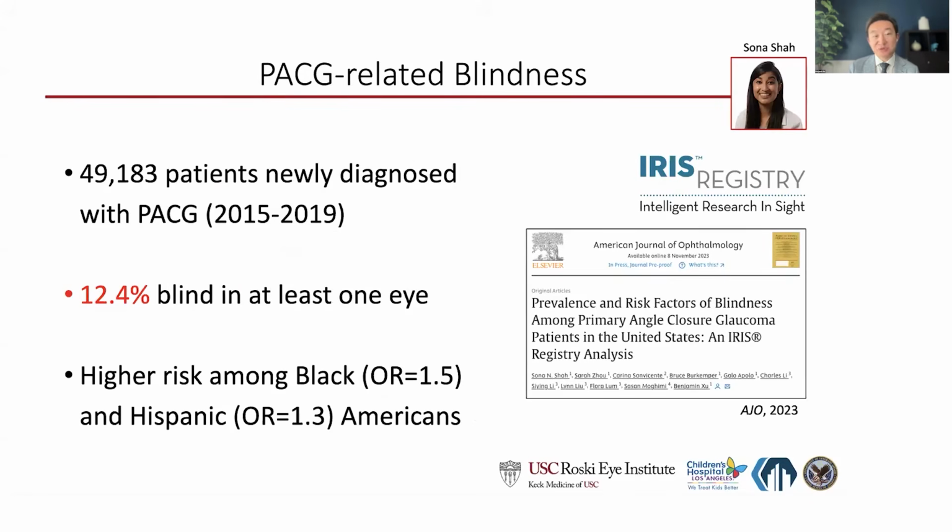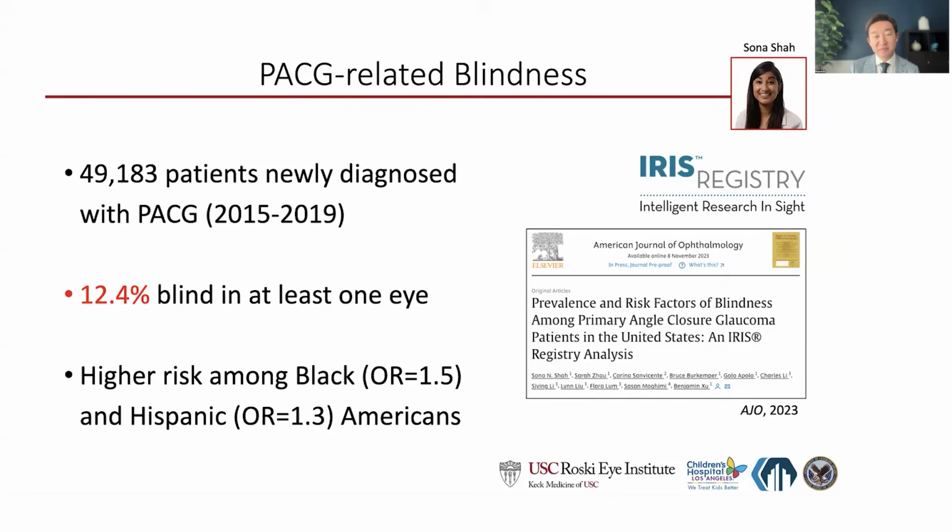Within the IRIS registry, we identified just over 49,000 patients who were newly diagnosed with PACG between 2015 to 2019. When we evaluated these cases, we found that 12.4%, or approximately 1 out of 8 of these patients, was blind in at least one eye at the time of first PACG diagnosis.